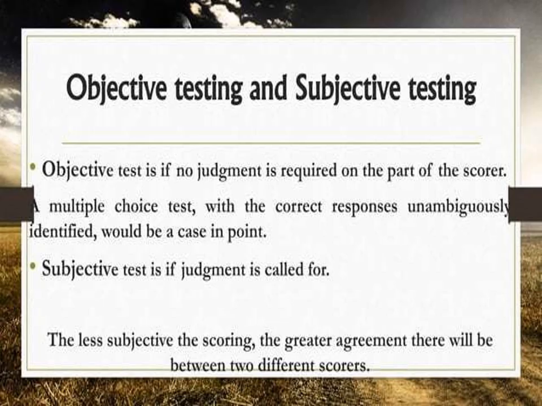Subjective tests, on the other hand, require judgment. For example, grading a composition, a writing, or a student's comprehension answers is more subjective than scoring short answer questions on a reading passage.